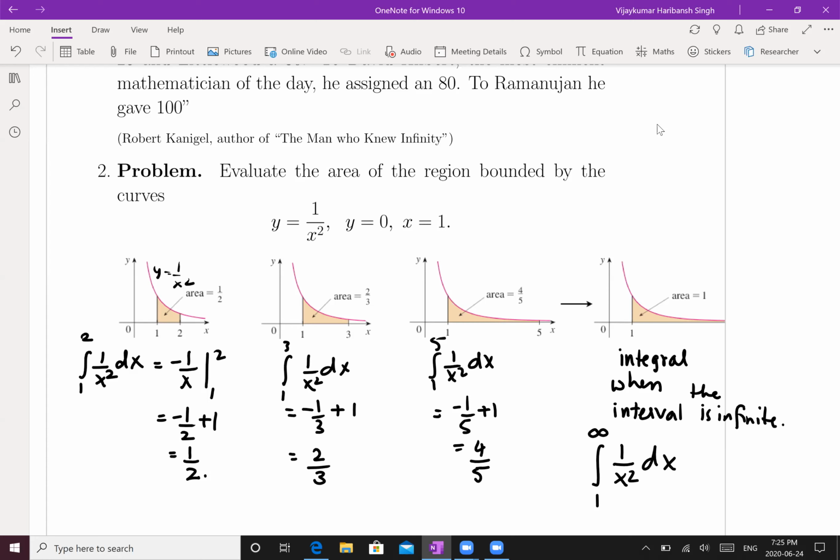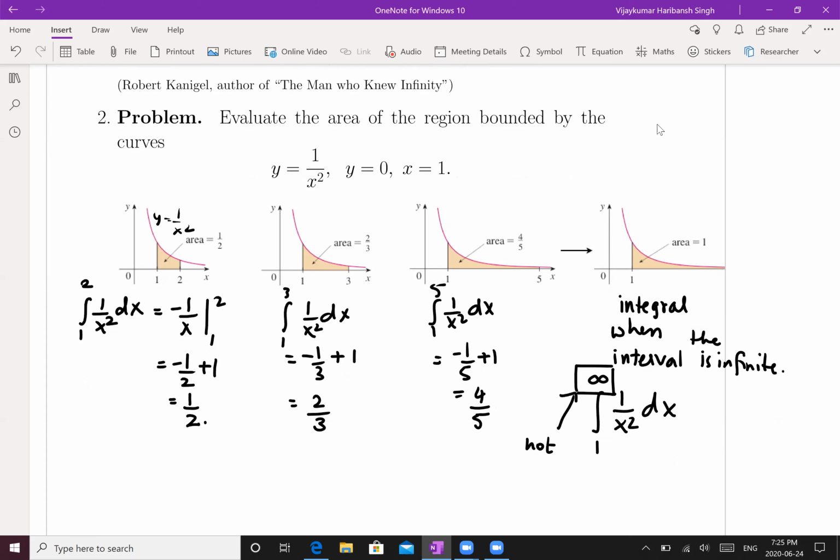But hold on, writing a thing like this, infinity is not a number, right? So first of all, although intuitively it makes sense at the moment, it's not even defined in our proper setup yet. So we want to define what this is, or is such an object even possible?